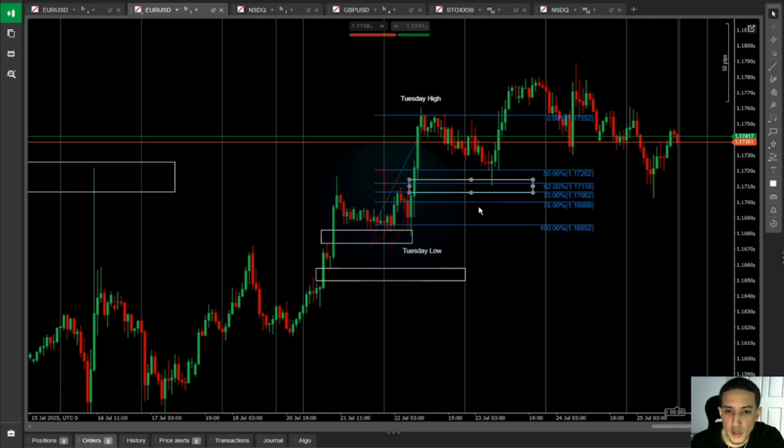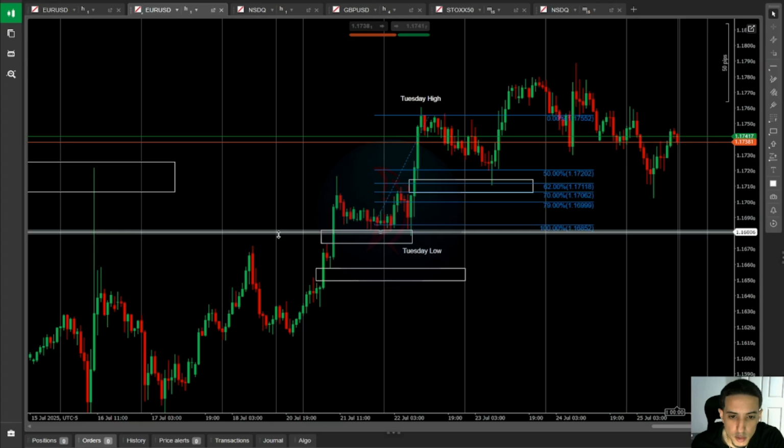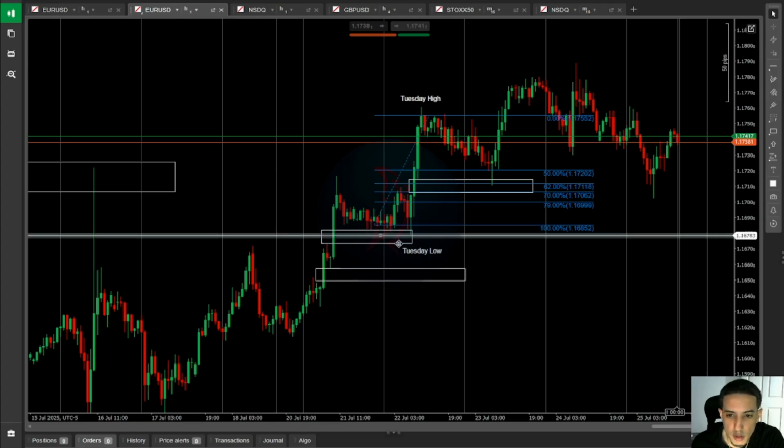We got our fib tool laid out going into one of our ideal entry levels, which is the 62% level. The most ideal one would be the 70% retracement level. If it goes down to the 79% retracement level, you can still take those trades, but those are going to be a lot riskier because our stop loss here would go right under Tuesday's low, which will be, you know, just a few pips below the 100% retracement level.